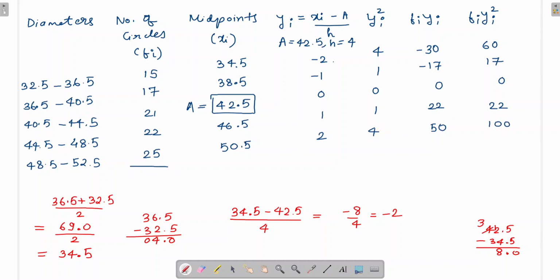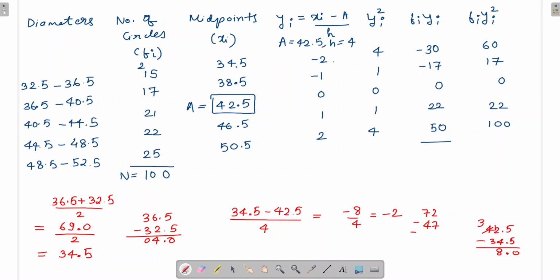Okay, so now let us take the sum of this, so that will be capital N. 5 plus 7 is 12, 12 plus 1 is 13, 13 plus 2 is 15, 15 plus 5 is 20, so 100. Okay, then sum of fi yi, so 50 plus 22 will be 72, minus 30 minus 17 is minus 47.